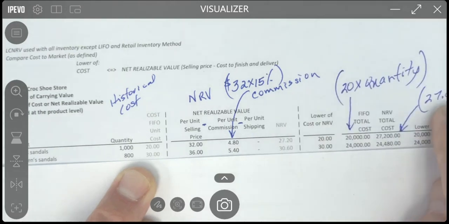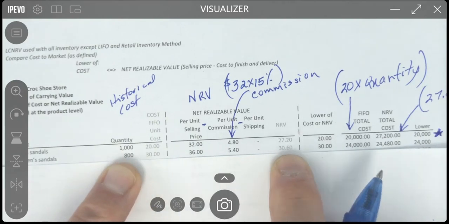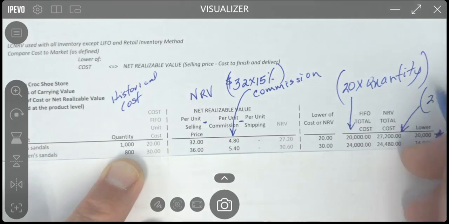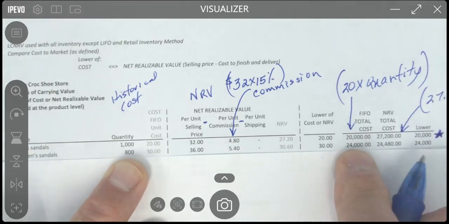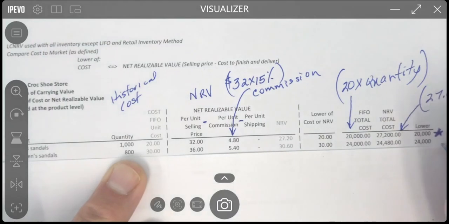And then we're going to use that same calculation for each row here, where this one's going to be 30.60 times the quantity of 800 for 24,480. And the lower of those two is the $24,000 FIFO total cost. So we are good to go.